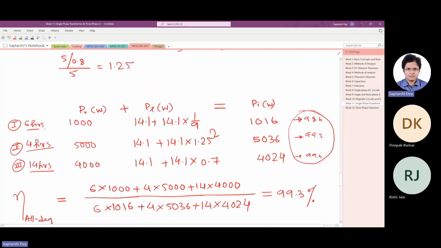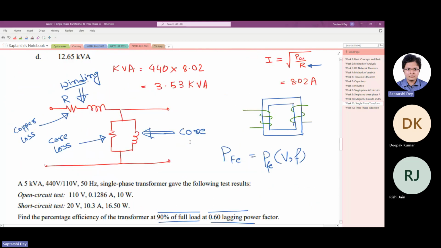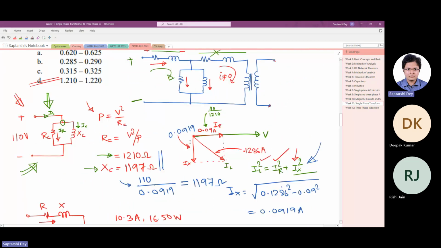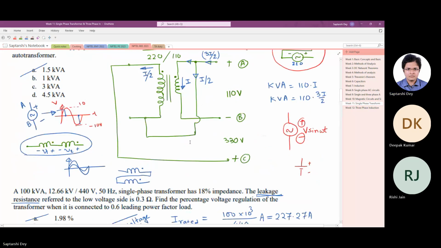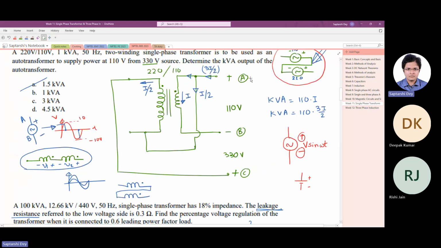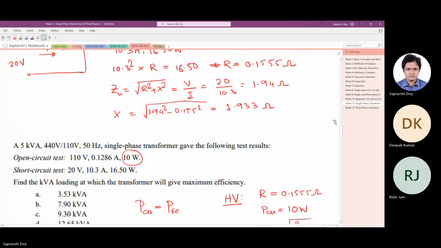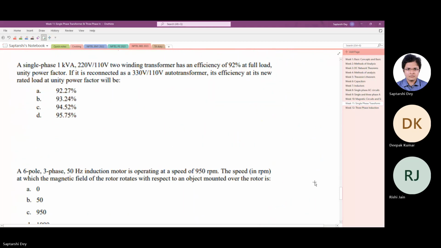The same auto transformer question. I'll quickly copy this diagram. The same question, if you see, the same transformer they're talking about. Read the question.